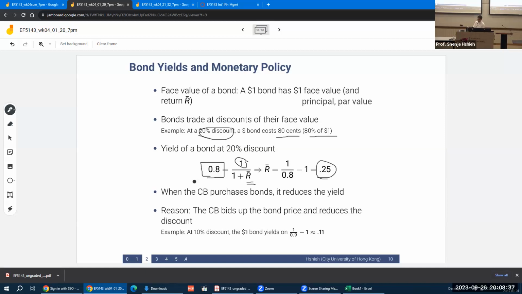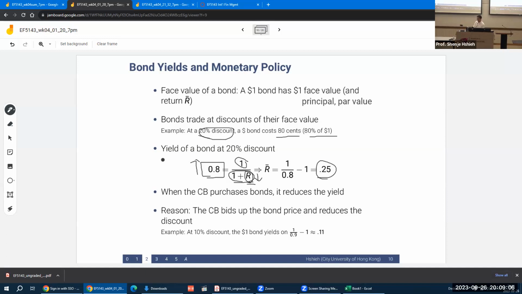Based on this equation, if I increase prices, then something in the denominator has to decrease, and that's going to decrease through R. Agree? That's all I want you to take away from this example.